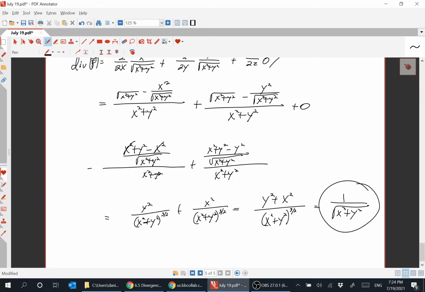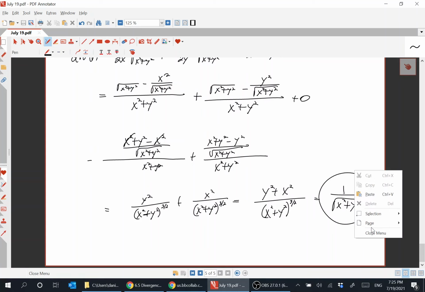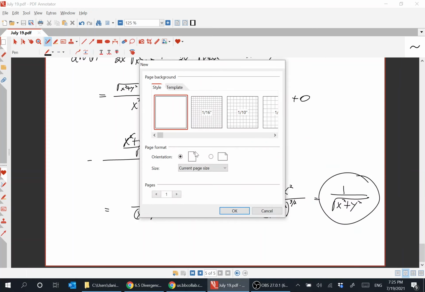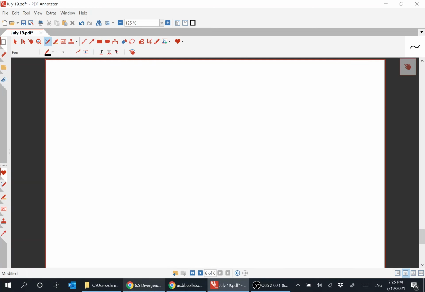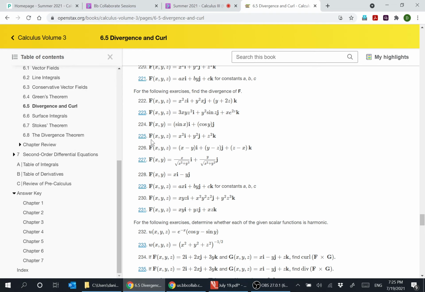The only other sort of special thing to remember about curl and divergence is that a three-dimensional vector field is conservative if and only if the curl is 0, as long as you've got continuous first partial derivatives in the vector field.